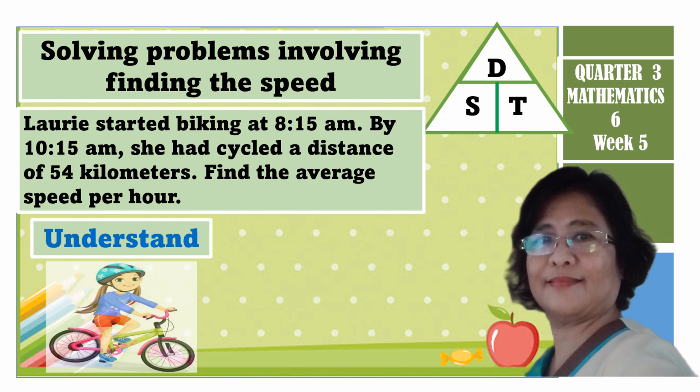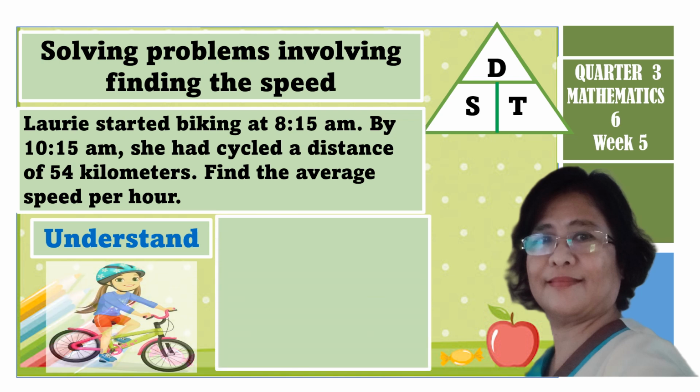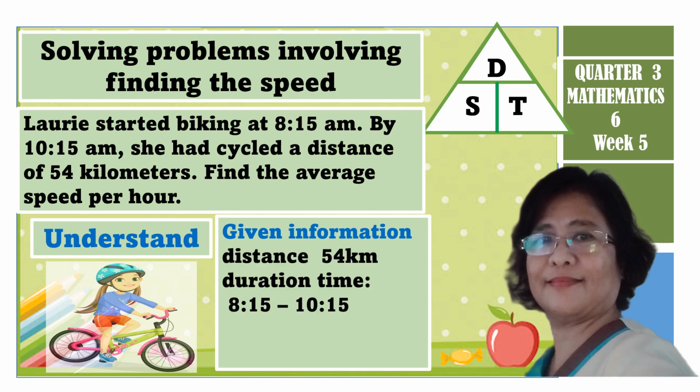Number 1 is to understand the problem by looking at the given information. The given information is the distance of 54 kilometers and the duration of time from 8:15 to 10:15 in the morning. And we are asked to find the average speed of Lori.